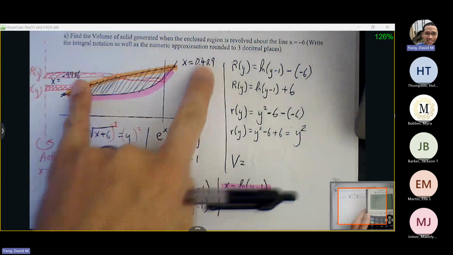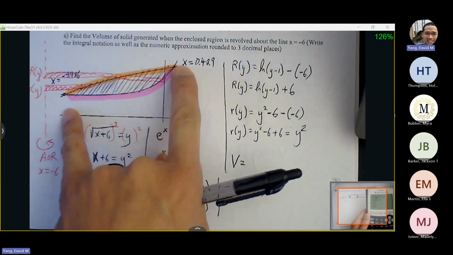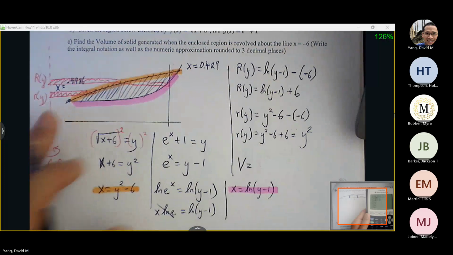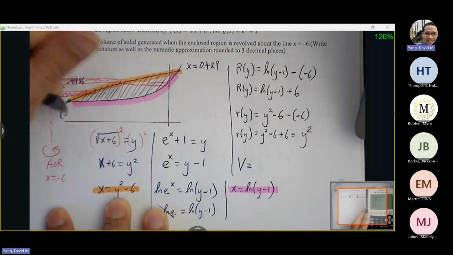Oh, I messed up. I indicated the x values, but I really need the what? I need the y values. Sorry. Let me write the full ordered pair.